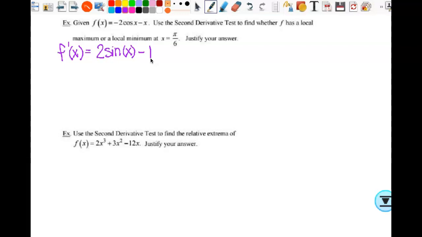All right, but I need to set this equal to 0 to find my zeros. And so it's going to be 2 sine of x minus 1. Move this over, get 1 equals 2 times the sine of x. So sine of x equals 1/2.